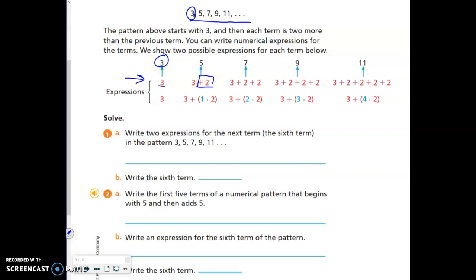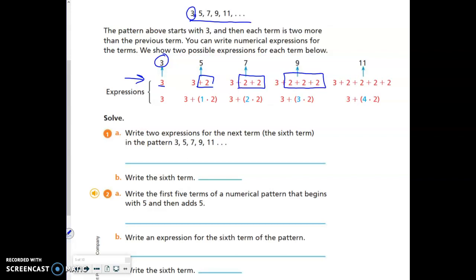Then the third term is starting with the 3 and adding two 2s. And then the fourth term is starting with the 3 and adding three 2s, excuse me. Okay, so that's one way.